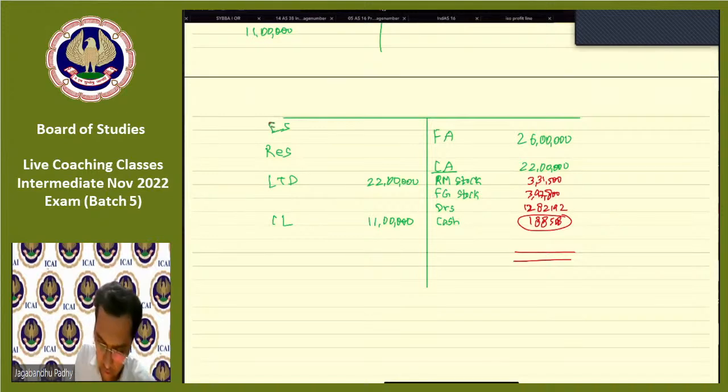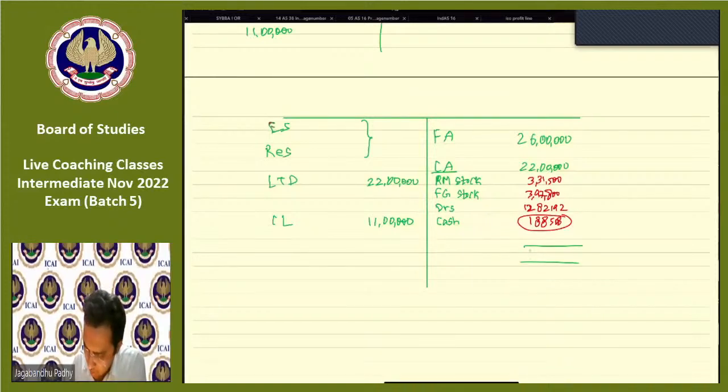Now, we know that equity share capital and reserves should total up, because it should be tallying with each other, right? When you tally them, it should close at 48 lakhs. The equity share capital and reserves should be 48 minus 33, that's 15 lakhs.